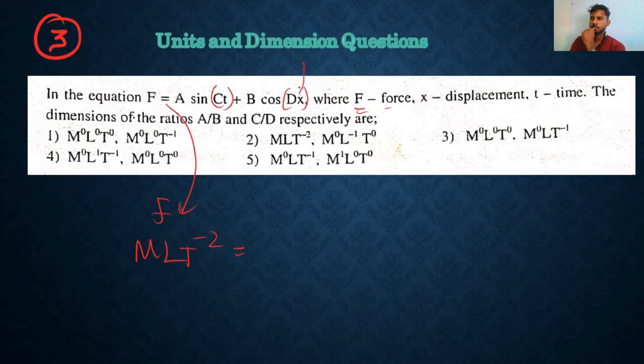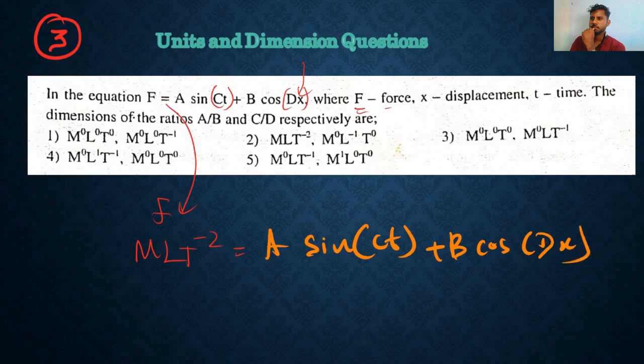Let's write it down first: F equals A sine(CT) plus B cos(DX). X is the displacement, L, and t is time, simple.